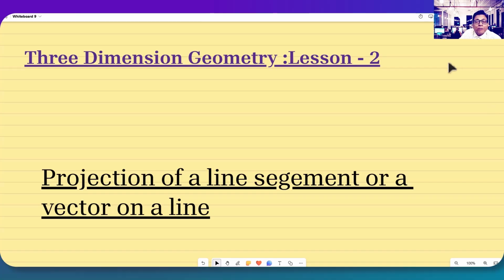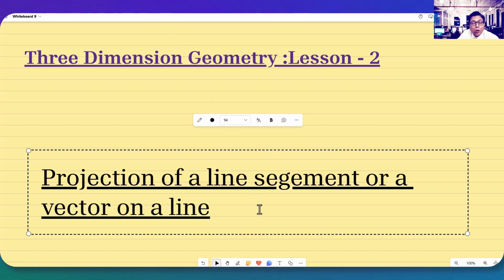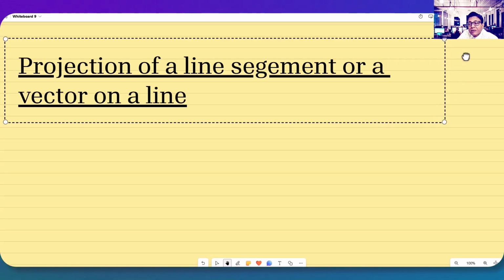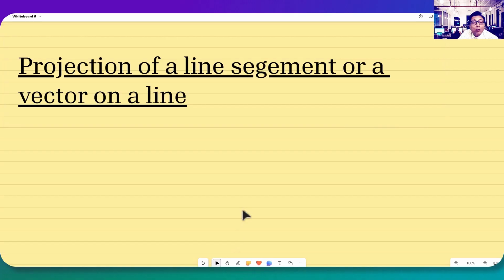What is the meaning of the length of projection of one vector on another vector? At first, let me explain what is the meaning of projection? That projection of a point is possible on a line.